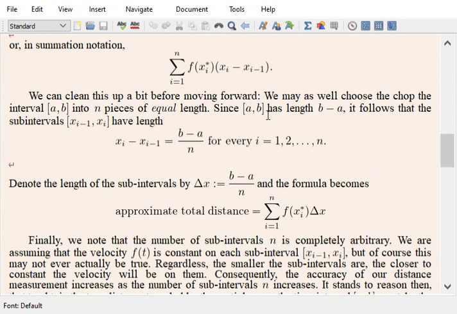Since the interval AB has length b minus a, if we're chopping it into n equal pieces, then the length of each subinterval is just b minus a divided by n. And that's going to be the case for every single subinterval.